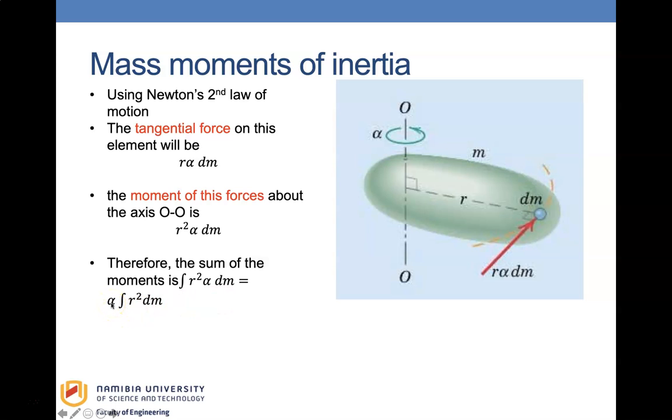Hence, we can take it outside the integral and we will have alpha outside the integral of r squared dm. And the integral of r squared dm is the mass moment of inertia. Therefore, I equals the integral of r squared dm, which is equation 1, is our mass moment of inertia.